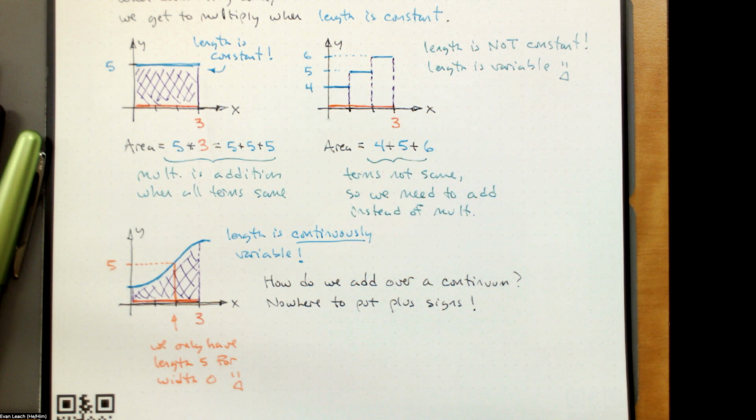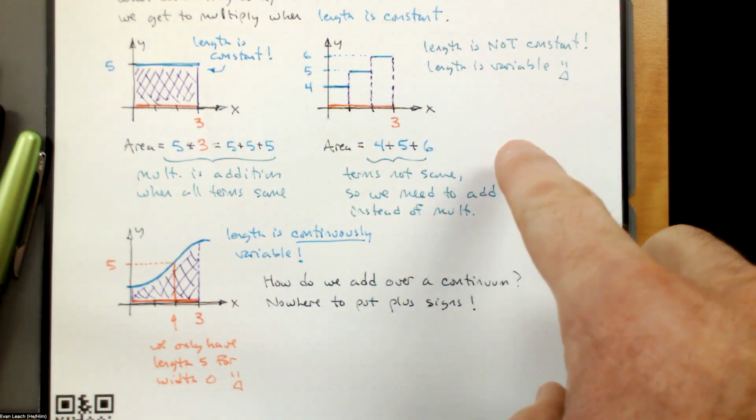So there are 3 things that we do in math. Number 1, we add 0. Number 2, we multiply by 1. And number 3, we kick things back to an easier problem. And that's what we're going to do here. We're going to take this continuously variable thing, the problem that we've identified, length is continuously variable. We can deal with length being just variable.